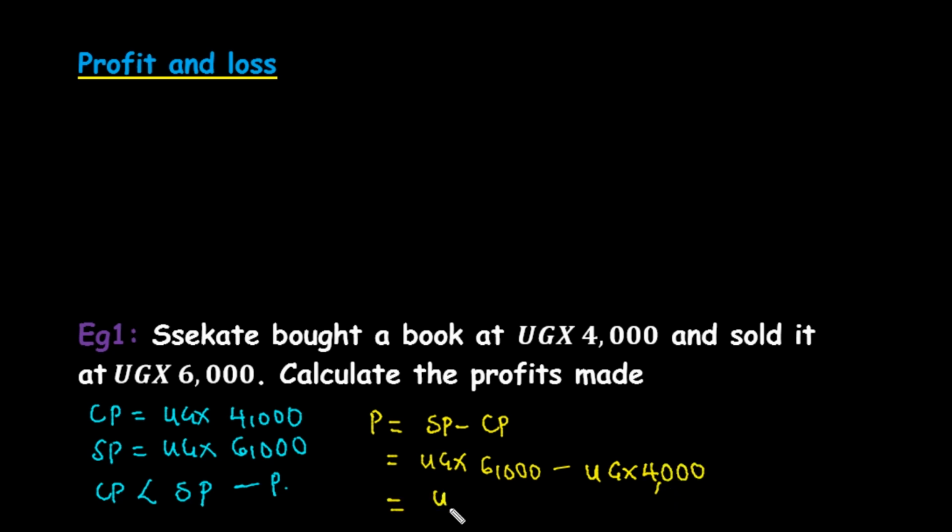What is the difference? The difference is equal to 2,000 Ugandan shillings. Therefore, after buying at 4,000, for example, from a factory or a wholesaler, he sold it at this amount, and afterwards he made this profit. Good. Example number 2.